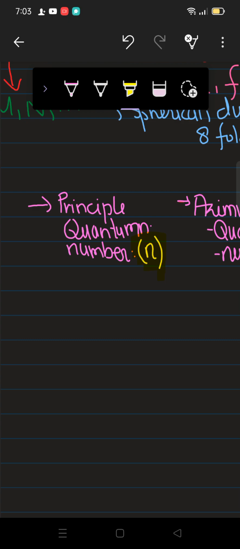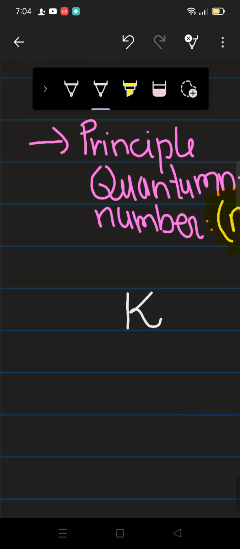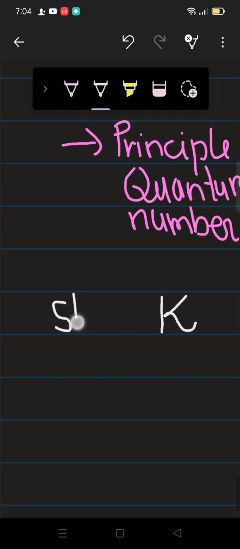The more shells there are in an atom, the more size it would possess, right? So the principal quantum numbers tell us about the shells, and shells are represented with K, L, M, N. So initially we are discussing the K shell.